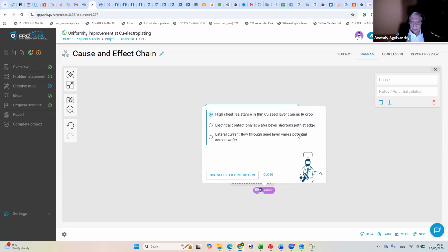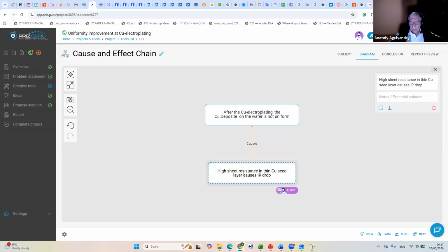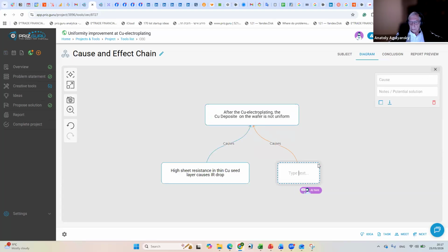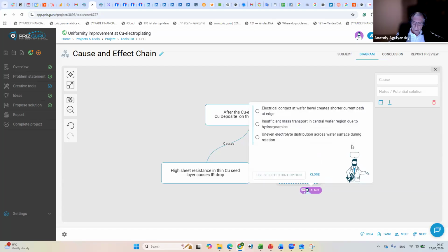Okay, yeah, we can keep it. We can take it. Maybe there is some more reason. Why? Electrical current, insufficient mass transfer.